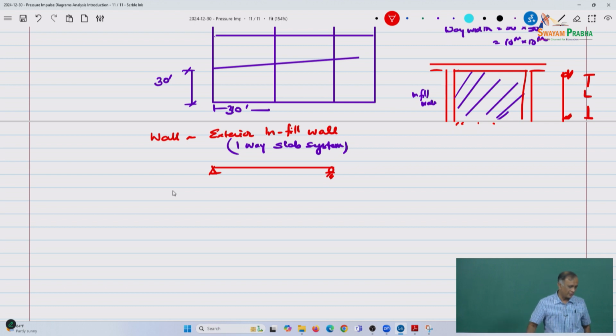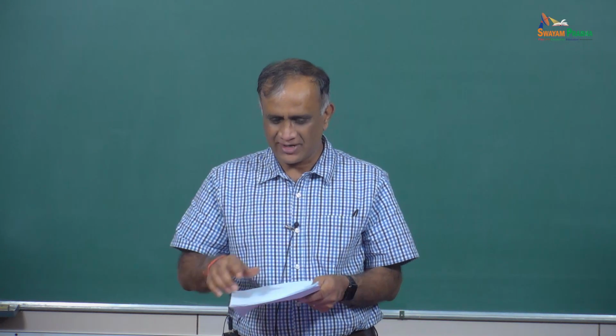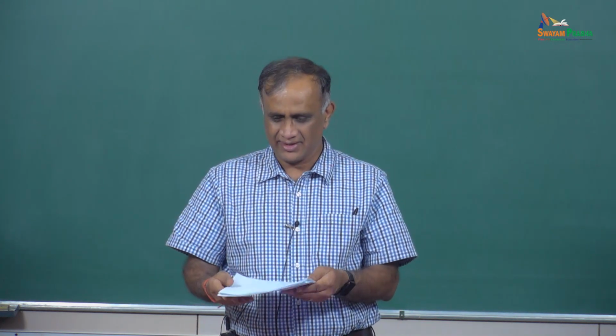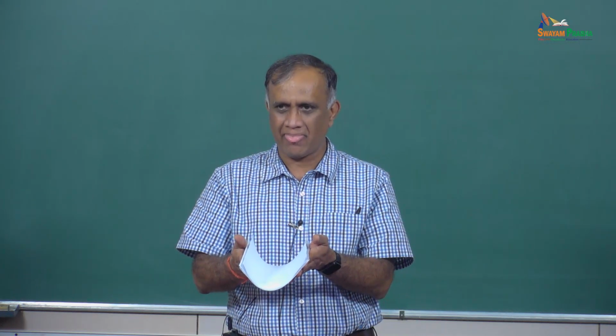So what is a one-way slab system? You take this, say this span is whatever, and this is the width. If your span is more than twice this width, it's going to behave like this. So it's really a beam, bending like a beam.